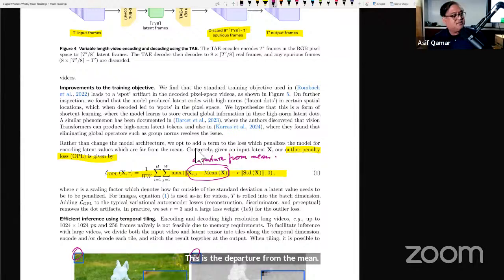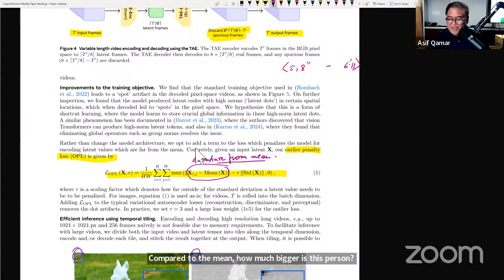Suppose the typical height of people is 5 feet 8 inches, and you get a guy who is 6 feet 11 inches. Now, you would say that guy is an outlier. And how would you know? One easy way is to look at the difference. Compared to the mean, how much bigger is this person? This is the measure of the departure from the mean.